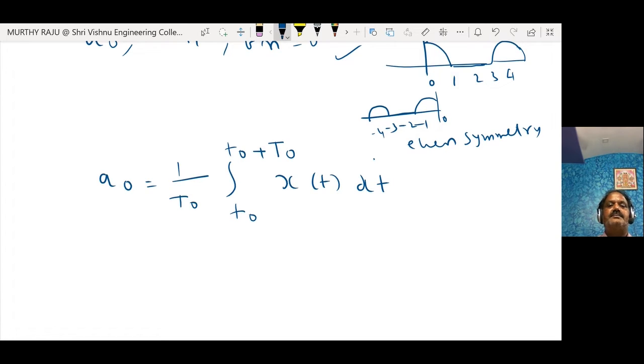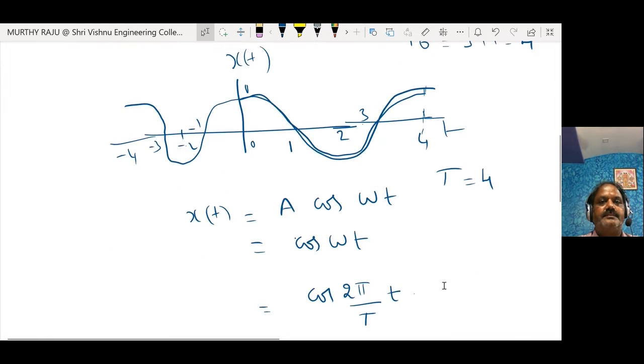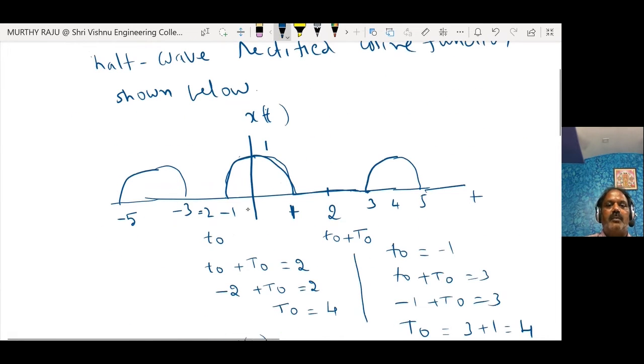Here small t naught is minus 2, and small t naught plus capital T naught is 2. From minus 2 to minus 1, the x of t value is 0. From minus 1 to 1 it is cos pi by 2 t. From 1 to 2 it is again 0.